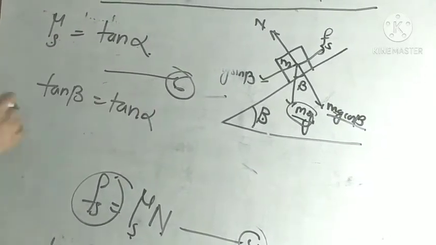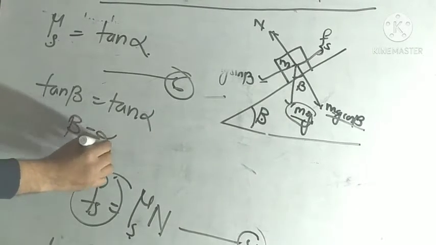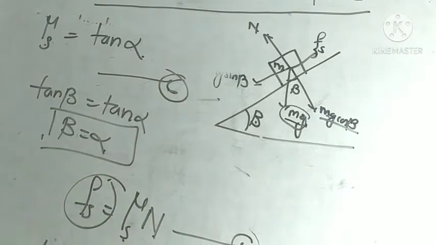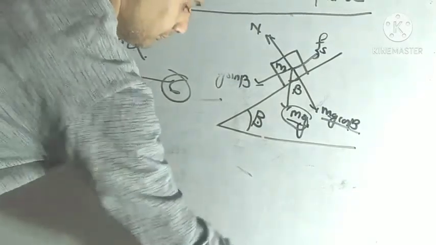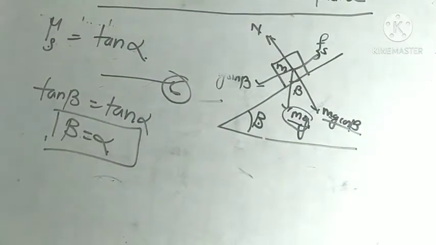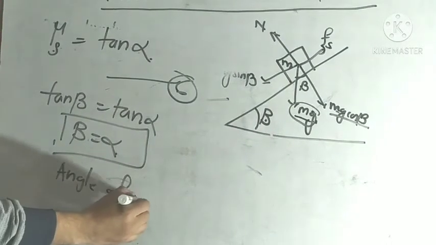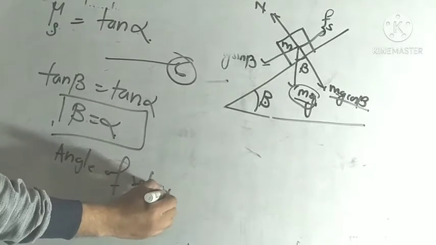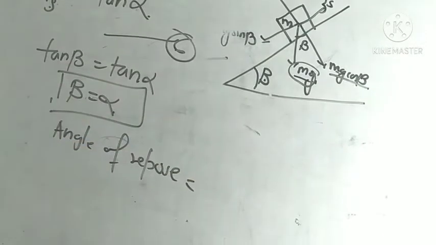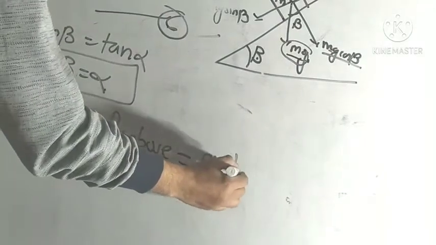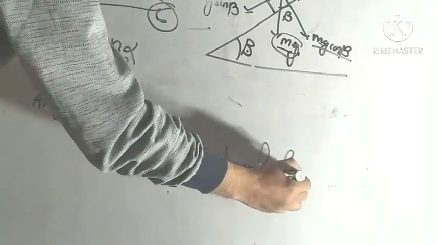Finally we get beta is equal to alpha. So beta is equal to alpha, I mean the angle of repose. Beta is the angle of repose, equal to alpha, the angle of friction. So angle of repose is equal to angle of friction.